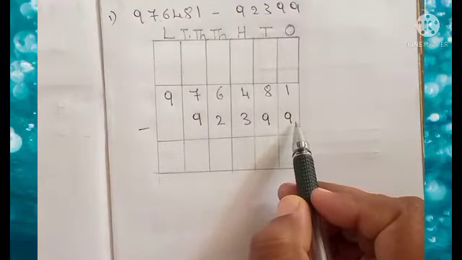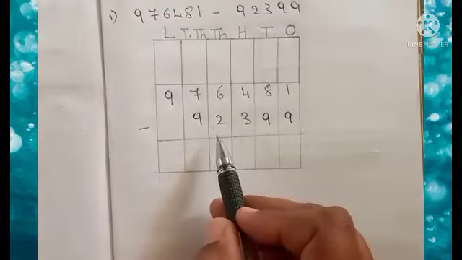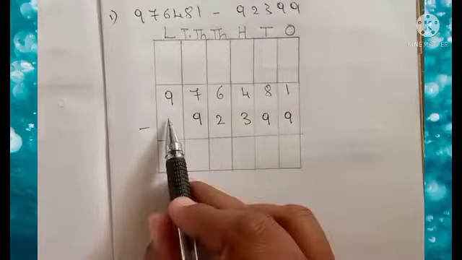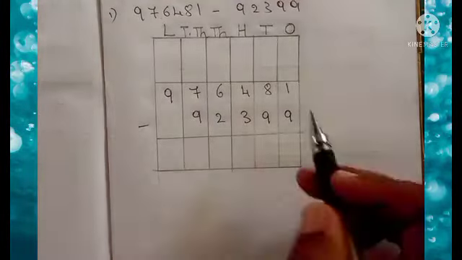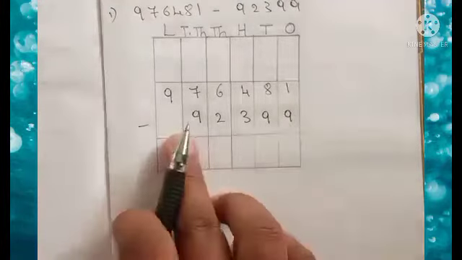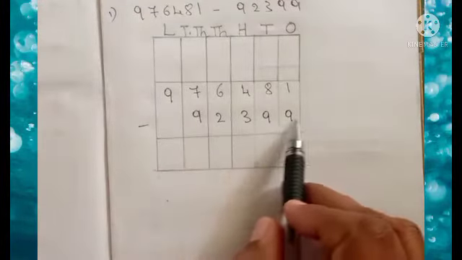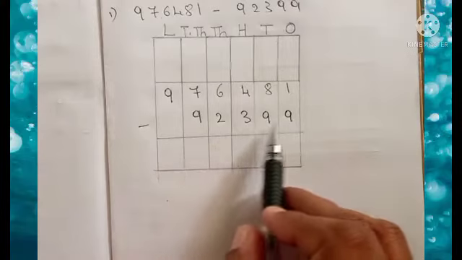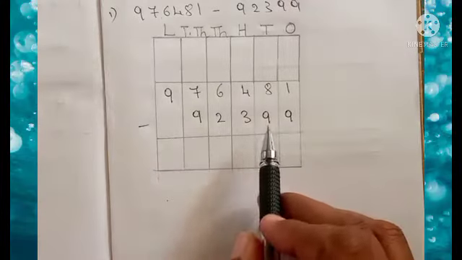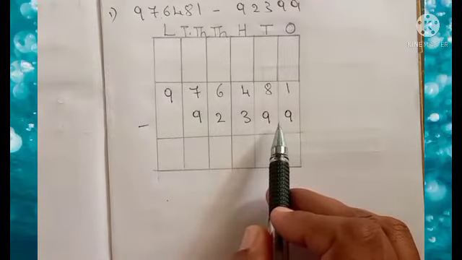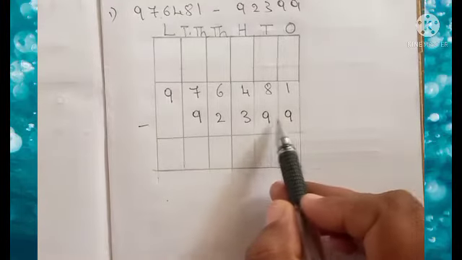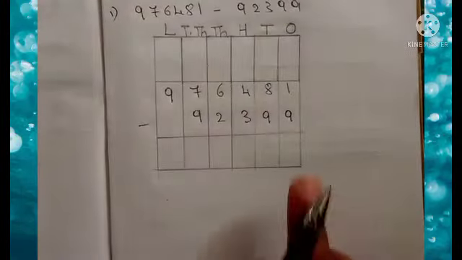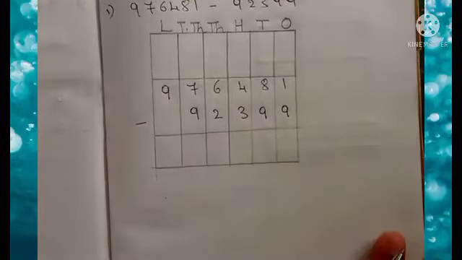You need to start with the ones place. Otherwise, the sum will become wrong. So whenever you write the subtrahend, always start with the ones place. Like this you should write.